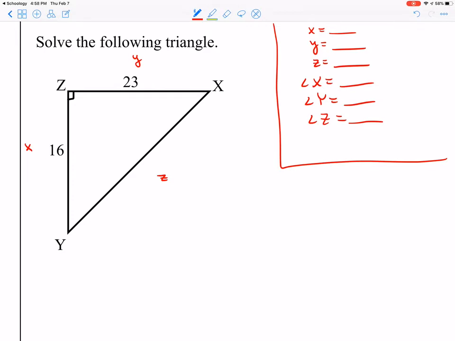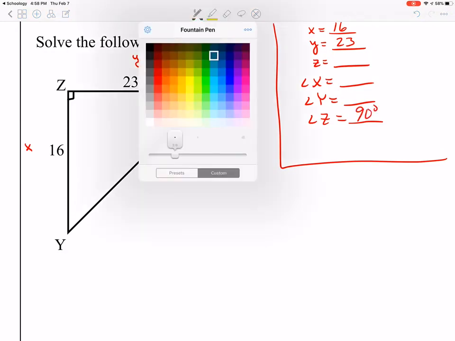I've got 16 is X, so I'm going to plug that in. I've got 23, that is not an angle measure, I meant to put that up here. 23 is my Y side length. And Z is my 90-degree angle. So those are all of my givens.